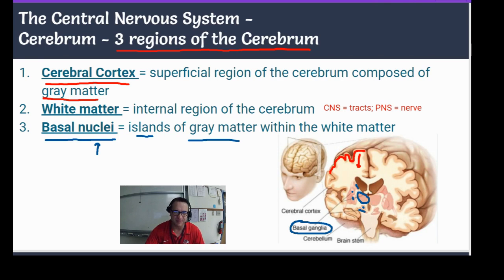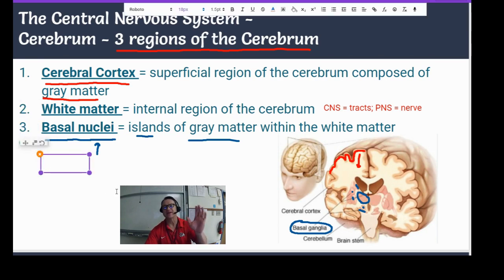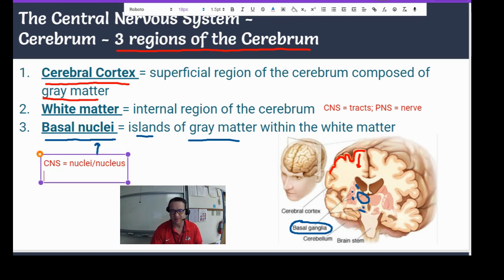But I wanted to point something out before I take off. Now, the reason why nuclei is more accurate is because of this. Clusters of neuron cell bodies inside the central nervous system are called nuclei, or nucleus for singular. So a cluster of neuron cell bodies within the brain or spinal cord is called a nucleus, or nuclei for plural. But if it's in the peripheral nervous system, a bundle of neuron cell bodies, if you remember from our first lecture, sensory information comes through the back of the spinal cord.